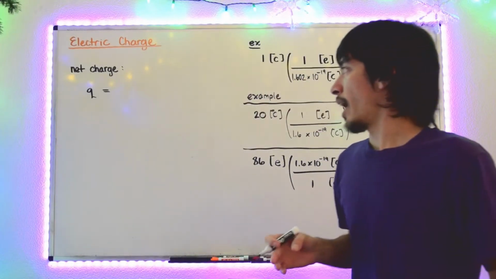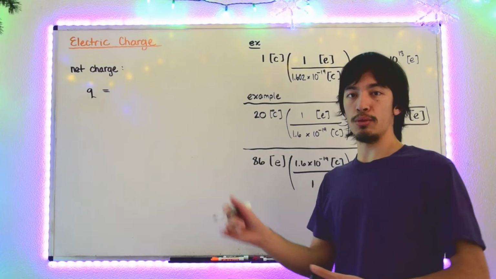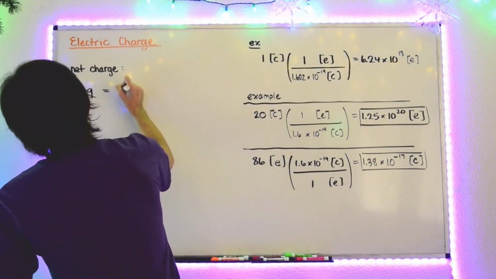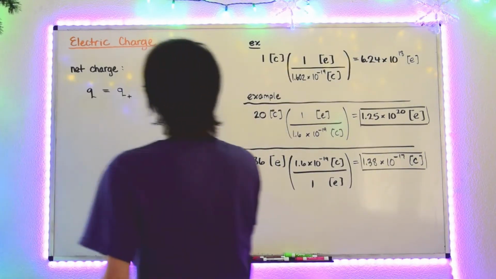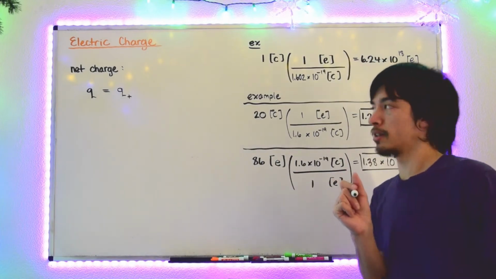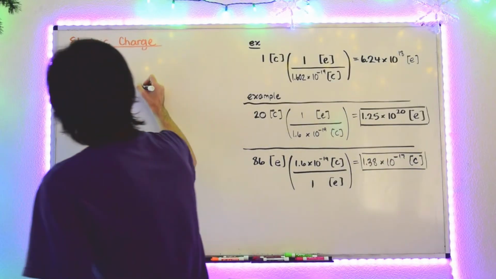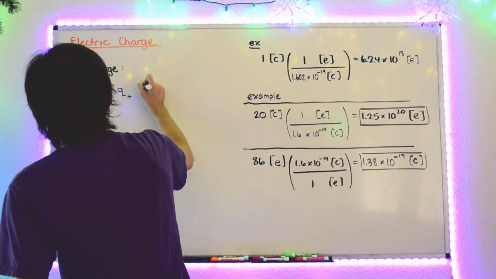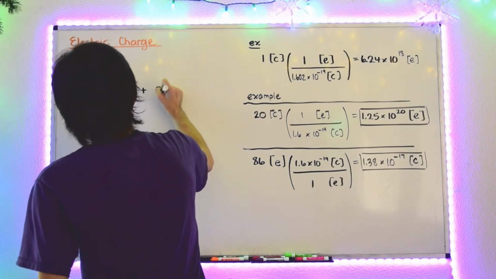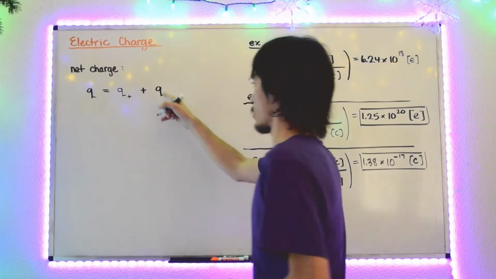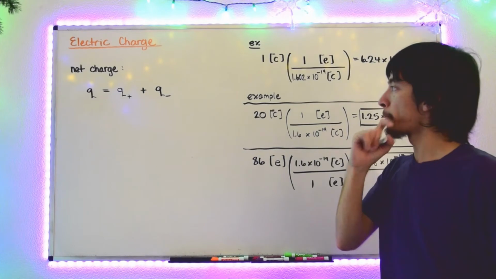We're going to say that this charge is equal to the charge given by the protons, let's call it Q plus, plus the charge of the electrons, call it Q minus.